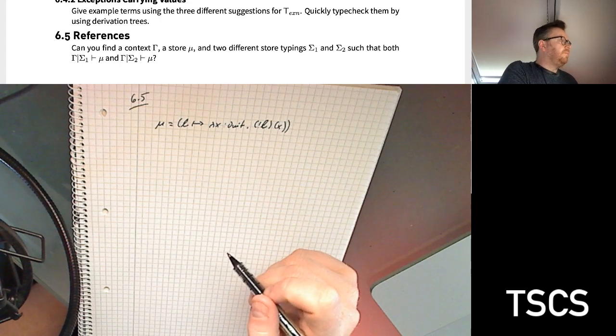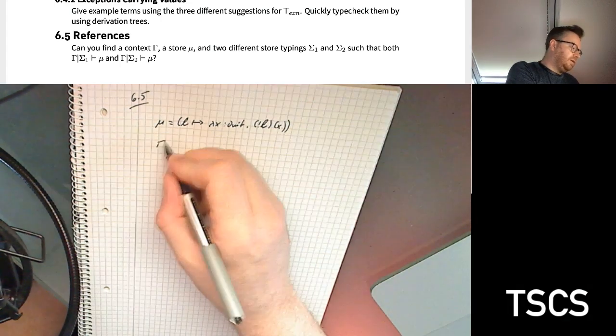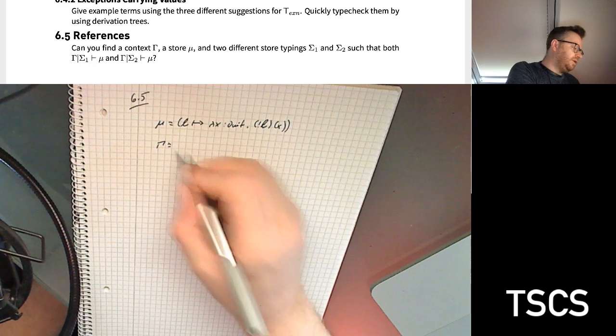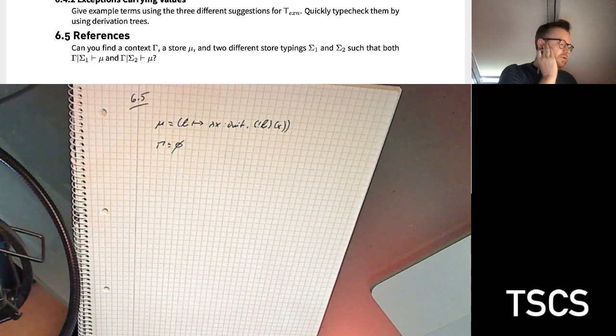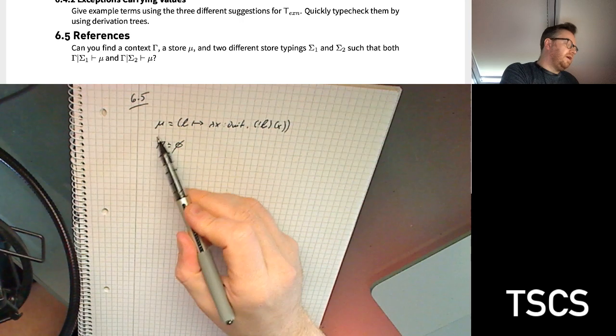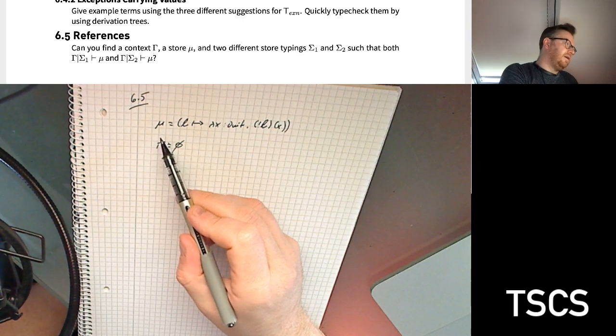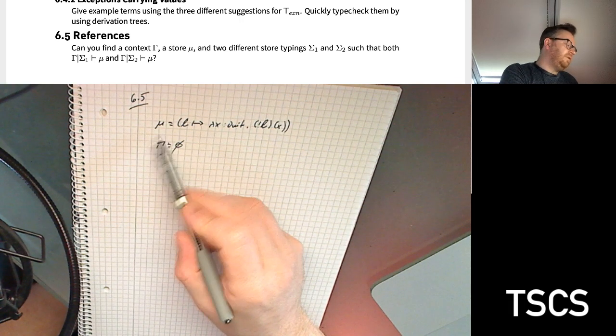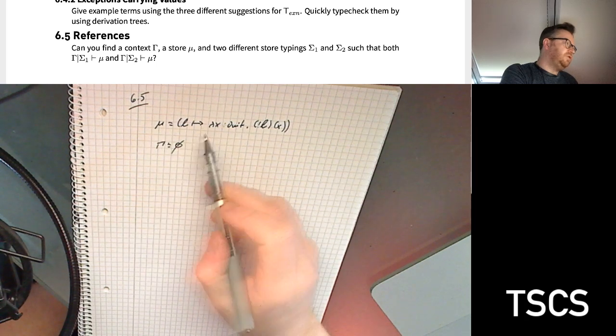And you basically do not need anything in gamma. You do not need to type anything because you don't have any interesting variables here. You might have that x, but who cares? The idea here is, why then can we find two store typings, so the typings of these locations.